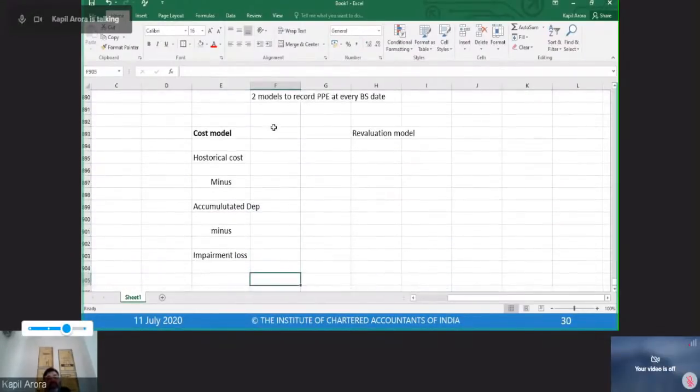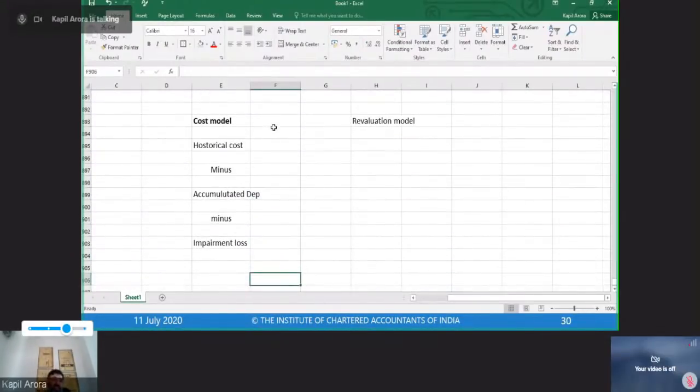I am not changing my values here. So cost minus accumulated depreciation minus impairment loss is actually the cost model.